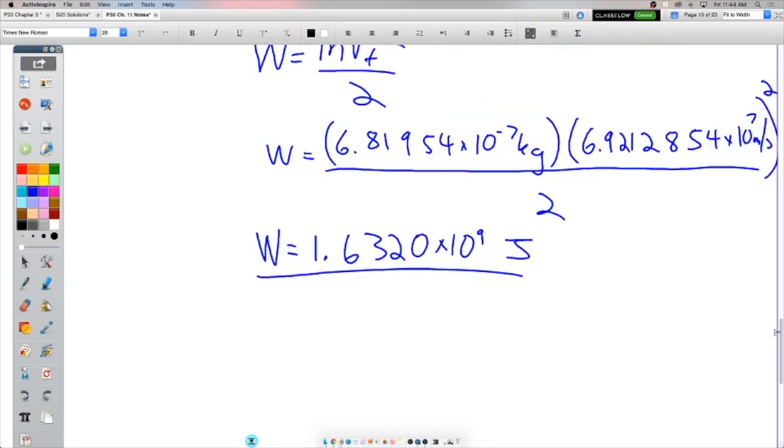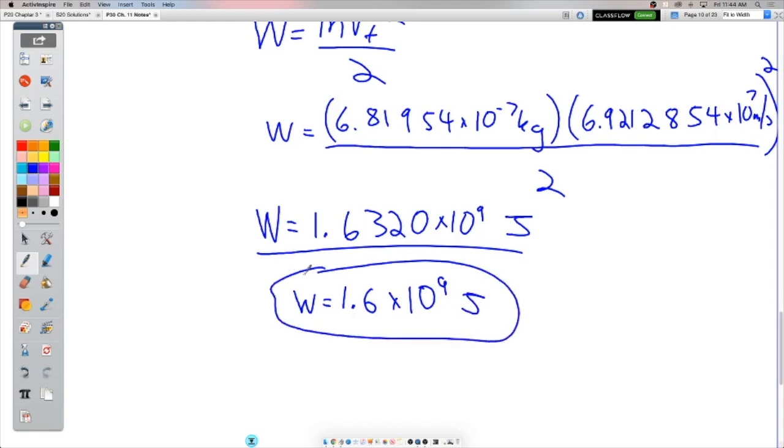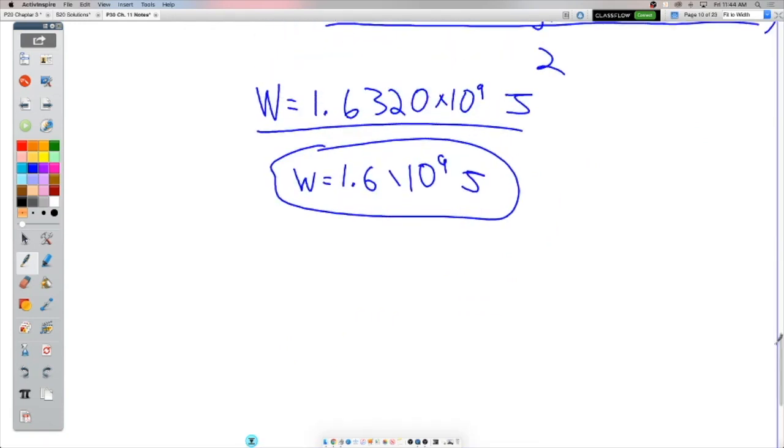So once again, we'll keep some extra significant digits just in case we need more precision later, but since this is an answer, we should give it to the appropriate 2. So 1.6 billion joules. Okay. Or 1.6 gigajoules if you prefer.